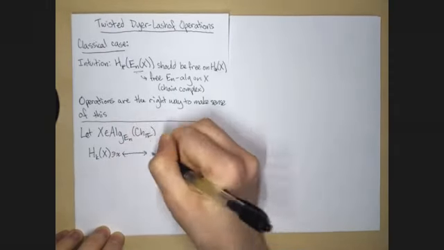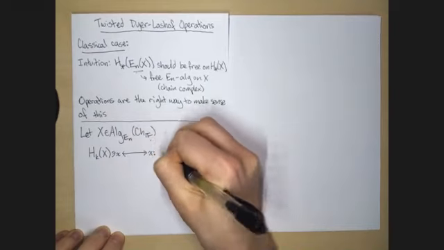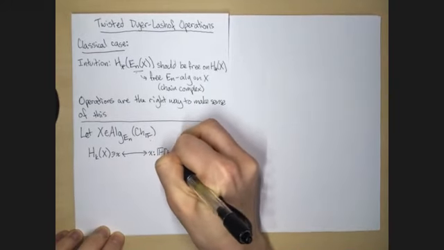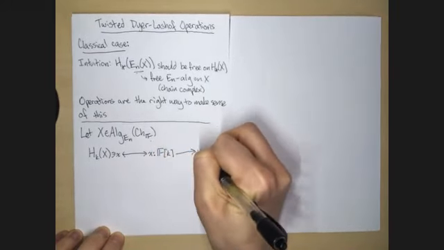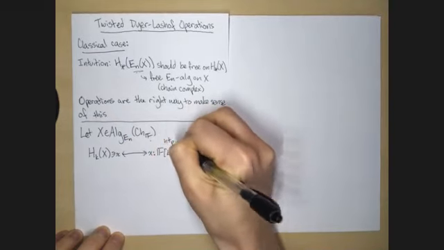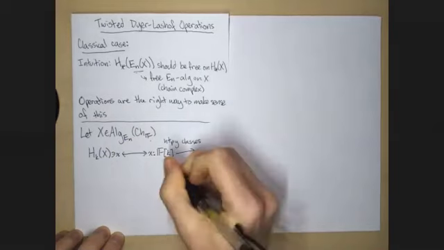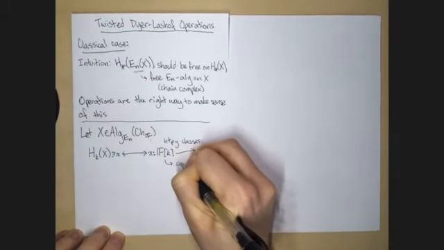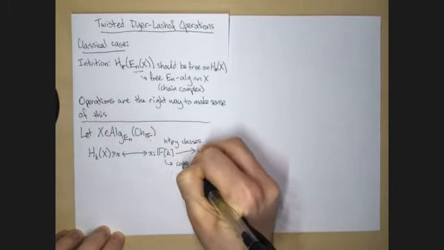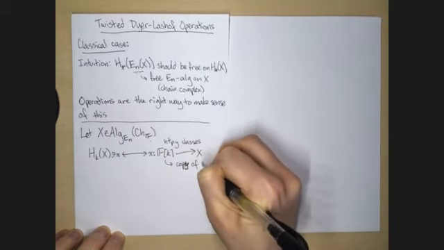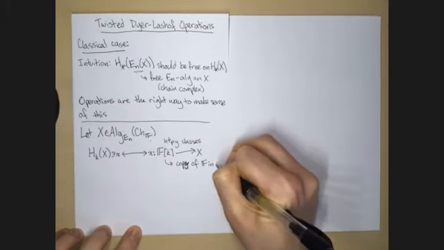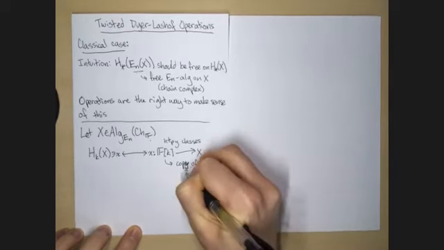These are in bijection with homotopy classes of maps from a certain chain complex to X. So here these are homotopy classes of maps. And this chain complex here is a copy of F in grading k and zeros everywhere else.